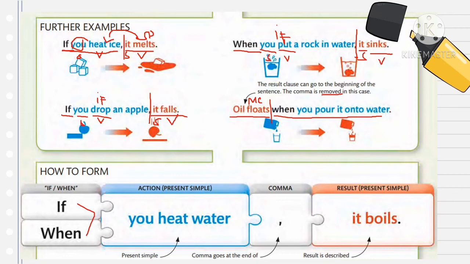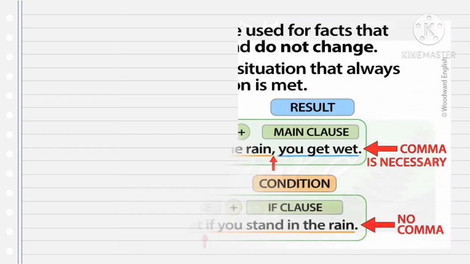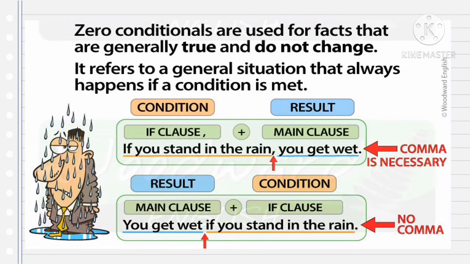You start by if and when, action, present simple, followed by a comma, and then the result. Zero conditionals are used for facts that are generally true and do not change. It refers to a general situation that always happens if a condition is met.